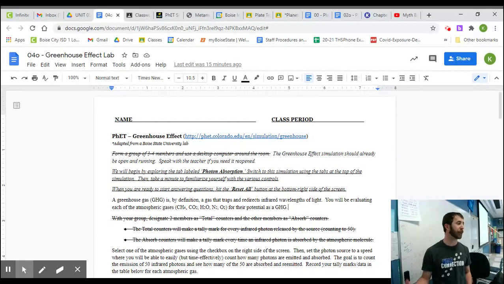You'll remember from the atmospheric composition and formation worksheet that you did last week, most of these, besides nitrogen and oxygen, really aren't that prevalent in our atmosphere. So we'll just have to see what kinds of effects they can have in their current states.